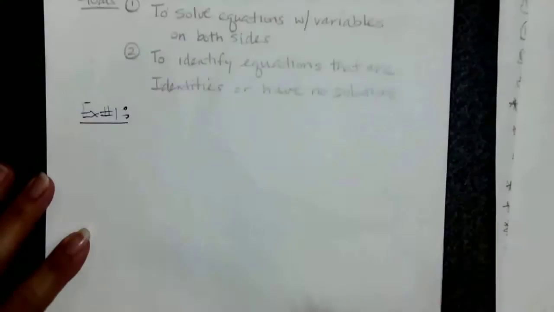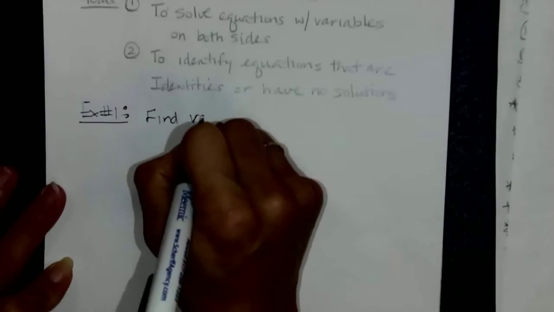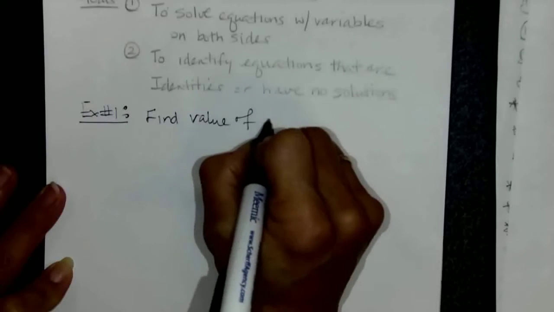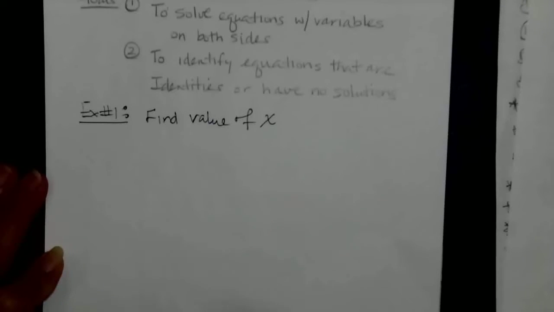Here we go. So we're going to do example number 1, the first goal today. This example is going to ask you to find the value of x. Now, remember, algebra doesn't stop here. You will use algebra in geometry.